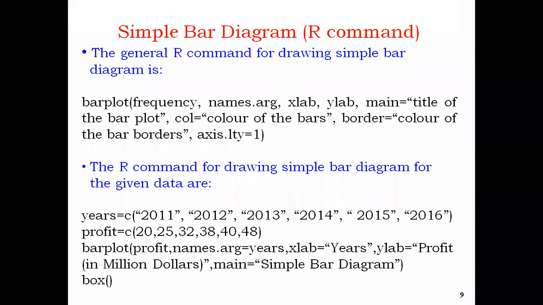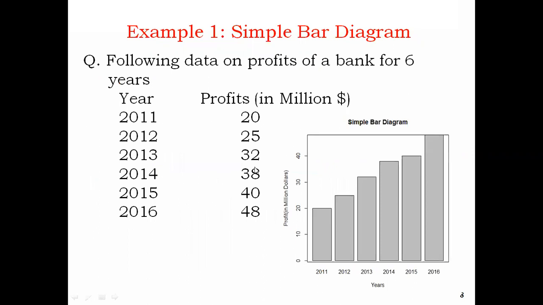So that's why I'm giving all the commands. This is the general R command for drawing a simple bar diagram, and the other commands are for the bar diagram for this given data.